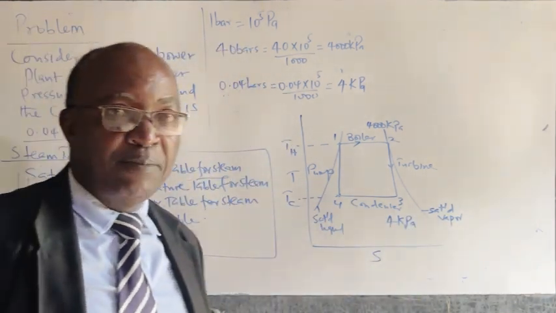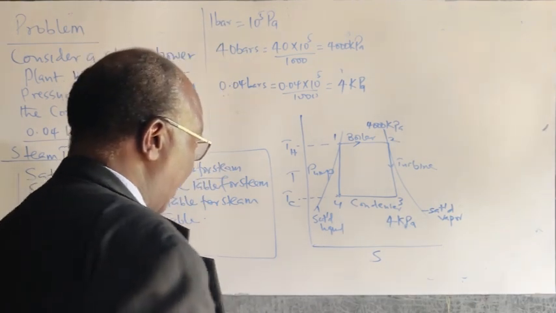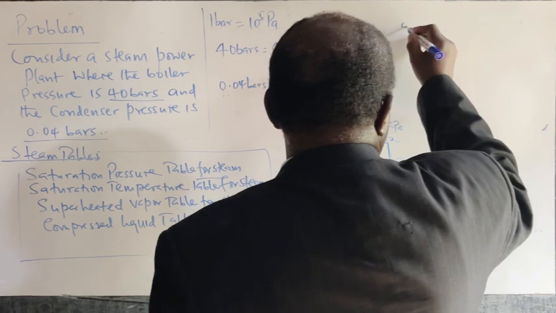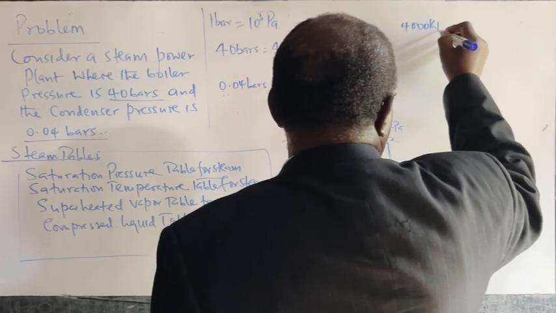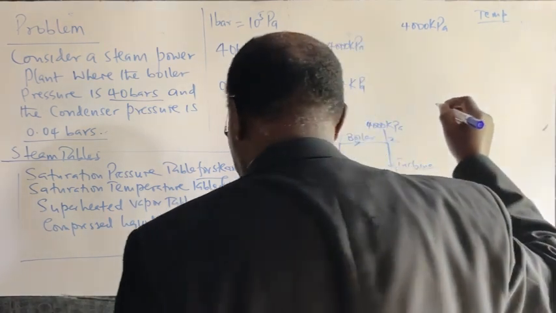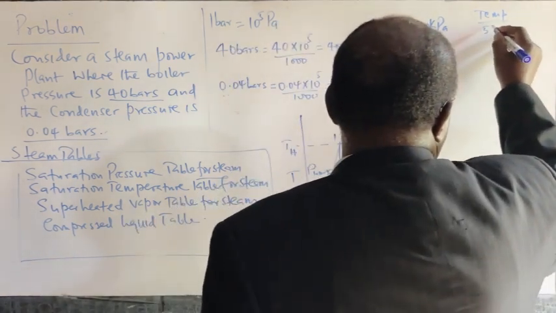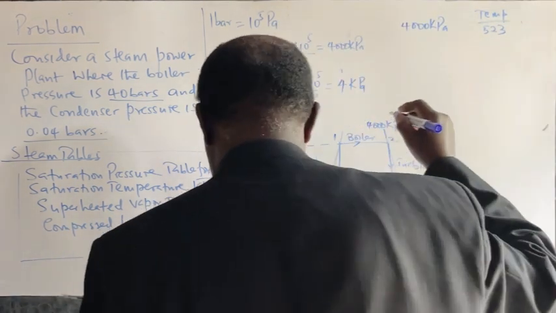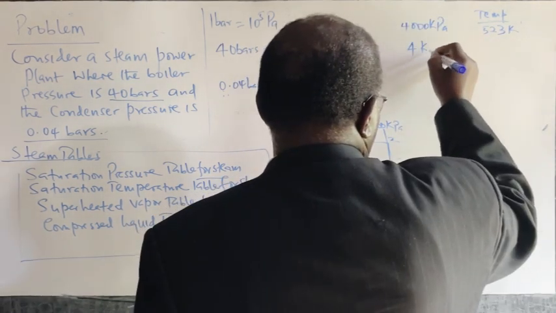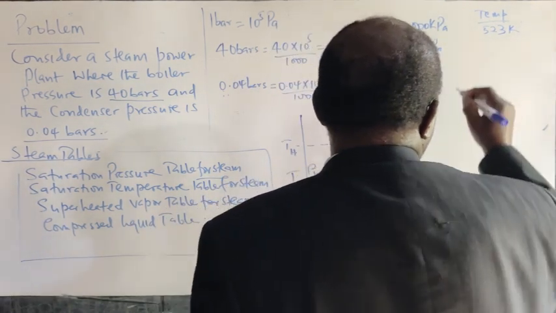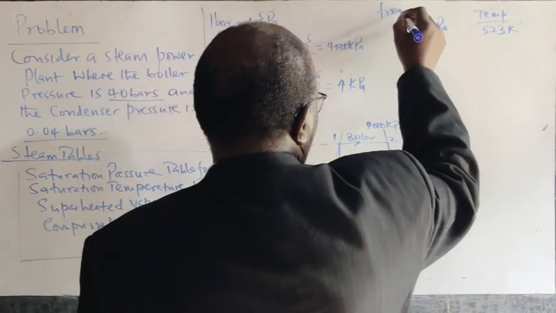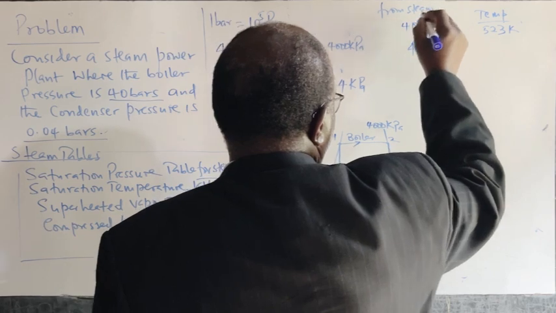And if you go to the steam tables, you will find that the temperature corresponding to 4,000 kilopascals is 523 Kelvin. And for 4 kilopascals, the temperature from the steam tables is 302 Kelvin. Don't wonder where this has come from.